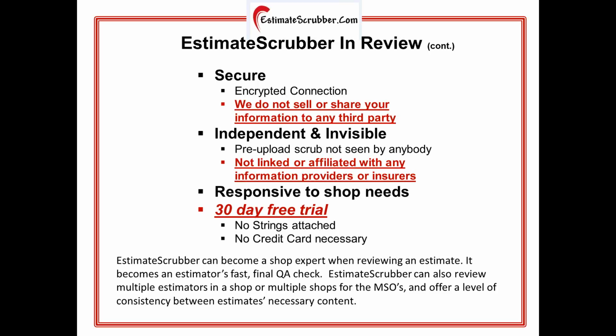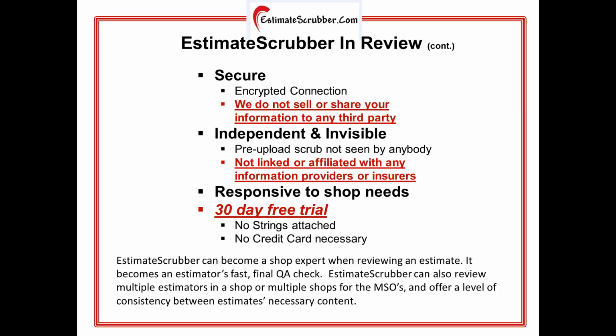And I also know a lot of shops have that. They can now list those parts in EstimateScrubber, and those parts then become visible to all the other shops scrubbing estimates. If you scrub an estimate and there's a part available from another shop, it will tell you that there are parts available.